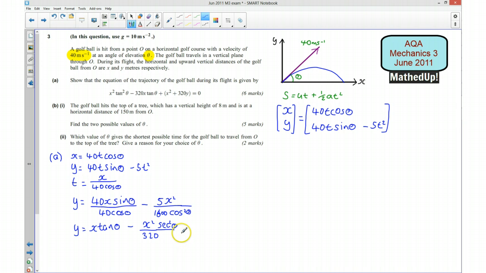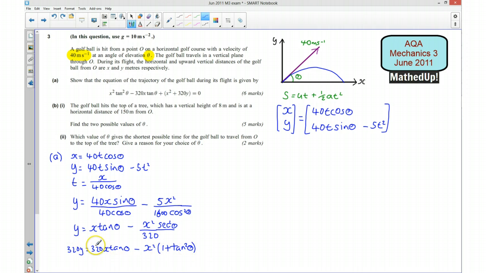Okay, so I'm going to multiply through by 320, so 320y is equal to 320x tan theta. Take away, and sec squared theta, I want it in terms of tan squared theta. So sec squared theta is equal to 1 plus tan squared theta. So I can write this as x squared times 1 plus tan squared theta.